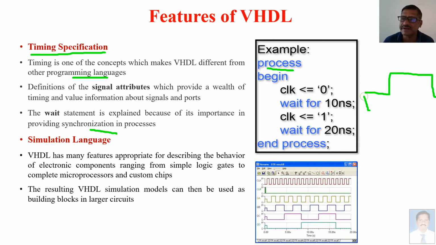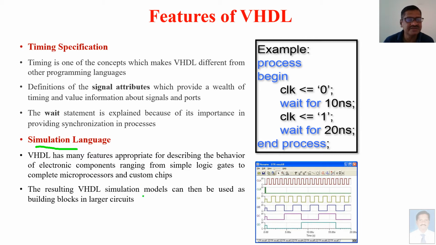Means this period is of 10 nanosecond and this period will be of 20 nanosecond, and these periods can be defined by the user, and accordingly we can provide the inputs to the system, or we can take the output from the system. This is a simulation language. VHDL has many features appropriate to design the behavior of electronic components, ranging from simple logic gates to complete microprocessors and custom chips.